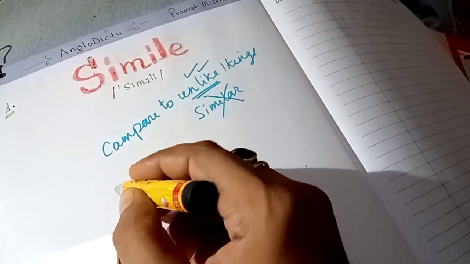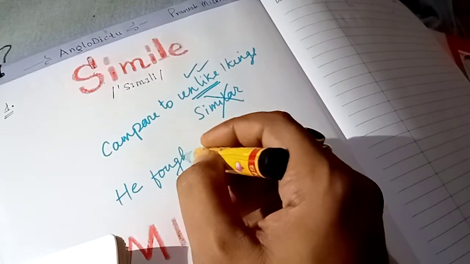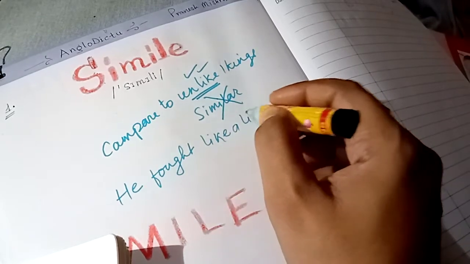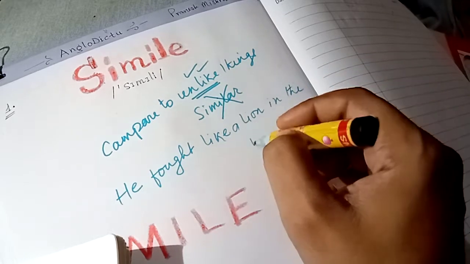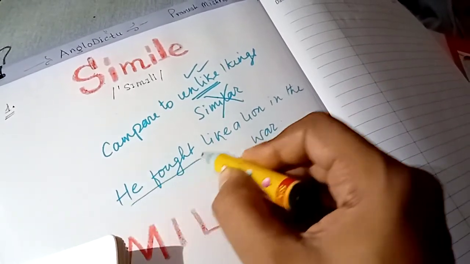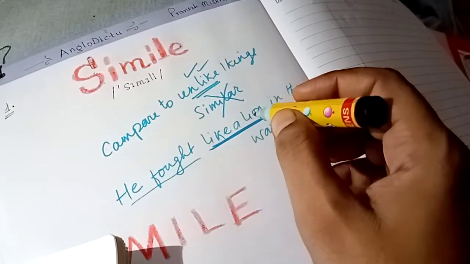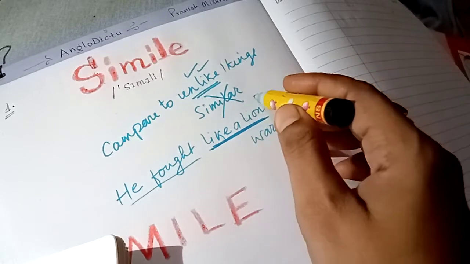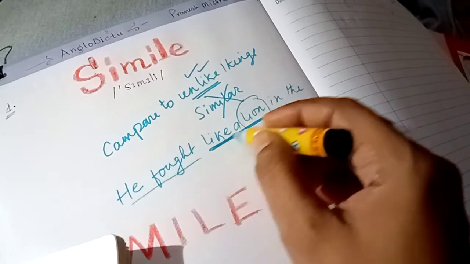Then what are those unlike things we compare? When you say he fought like a lion in the war, then he fought like a lion. He was not the real lion of the forest, but as brave and fierce as a lion, so like a lion.